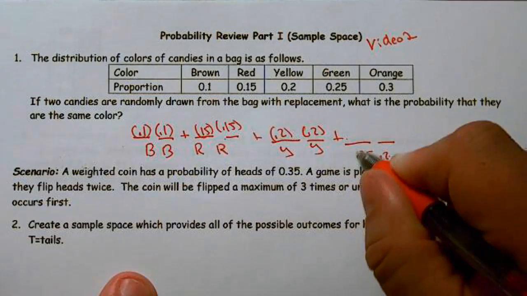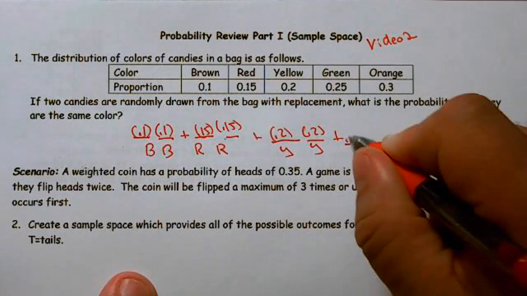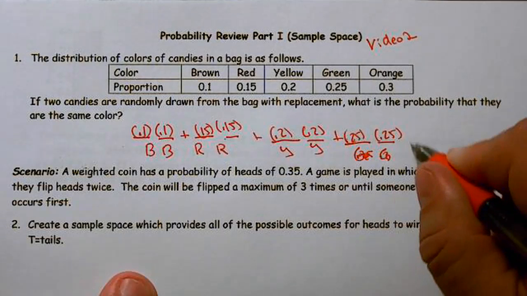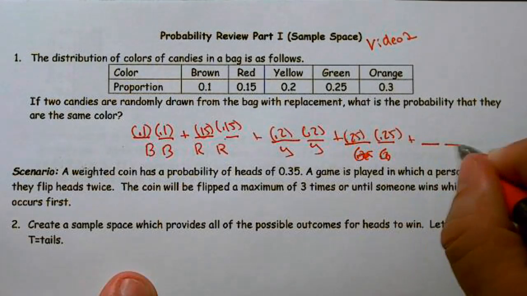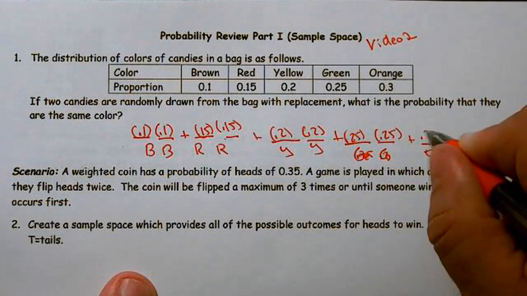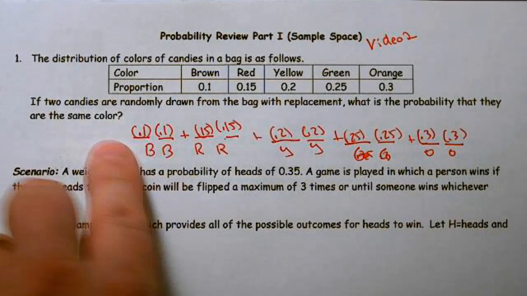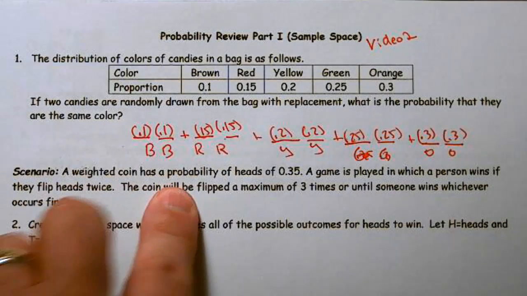Oops, this should be green here, and this should be 0.25. And really, I'm just going to tell you, as soon as I started writing down the possibilities, or the very first one, brown and a brown, I can figure that out. As soon as I figured out that, the rest of this falls into place for me.